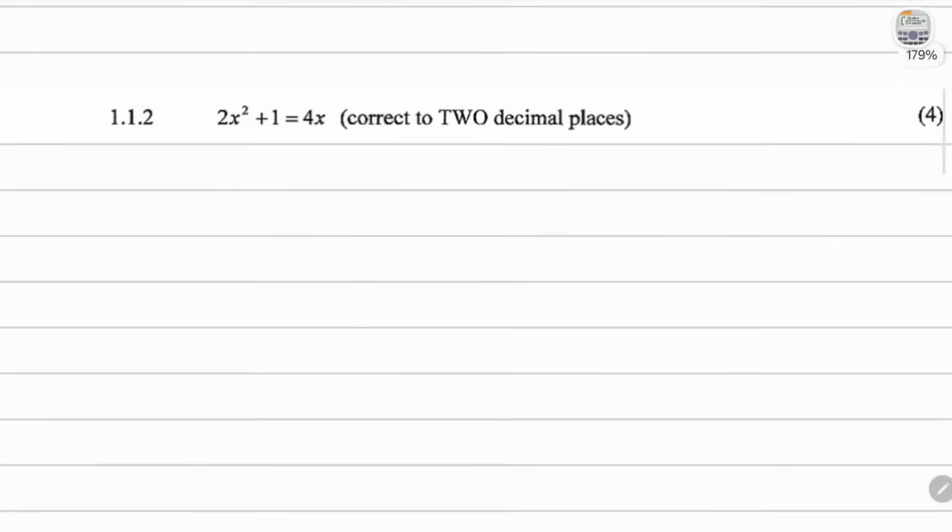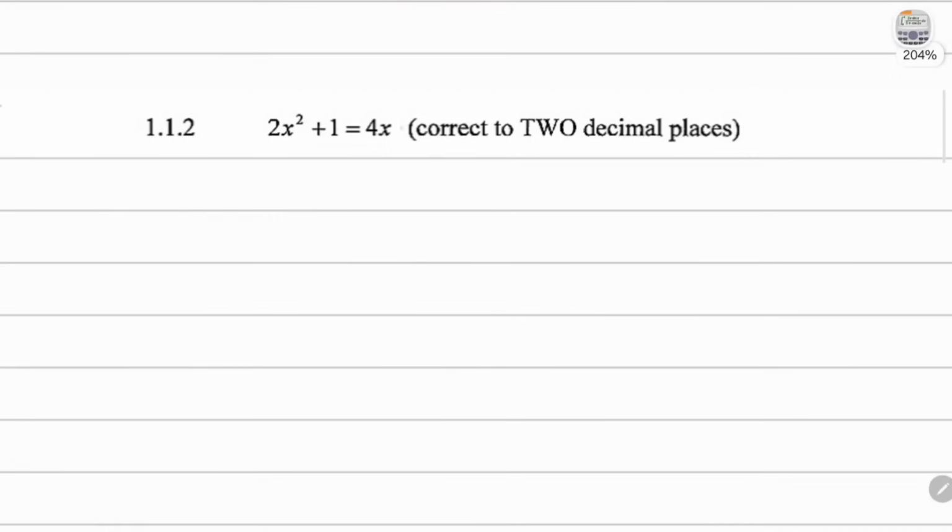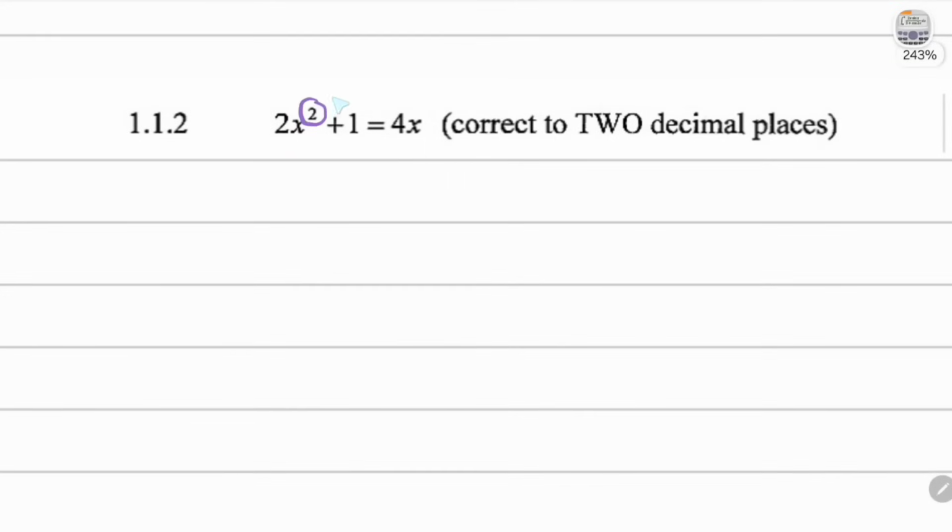Question 1.1.2, we are given a quadratic equation and we are told to solve for x correct to 2 decimal places. We know this is quadratic because the highest exponent on x is 2. This is not in the standard format of a quadratic equation, which is ax squared plus bx plus c is equal to 0.